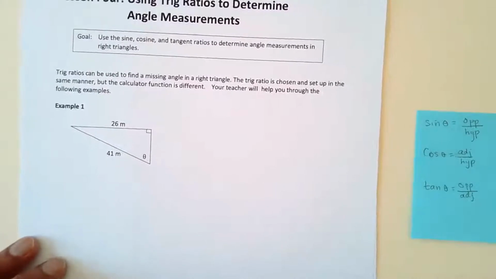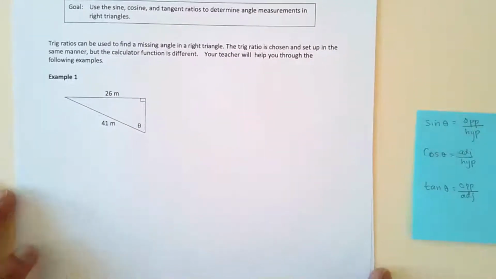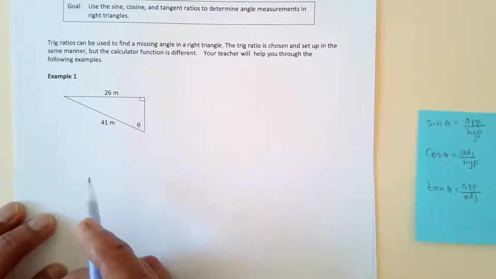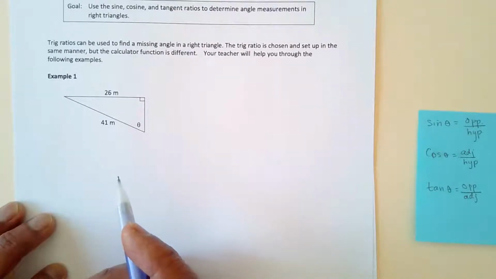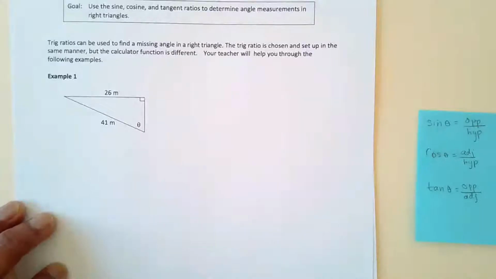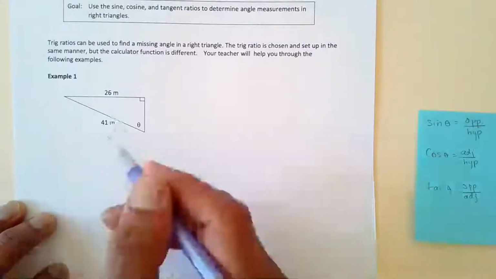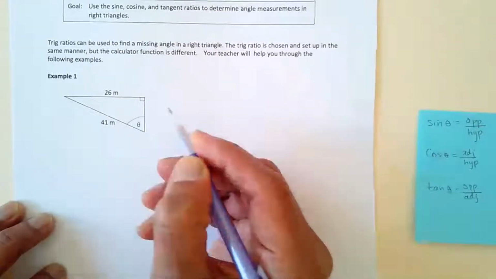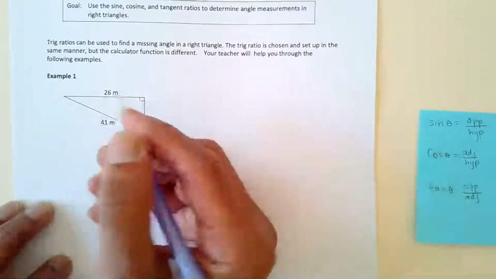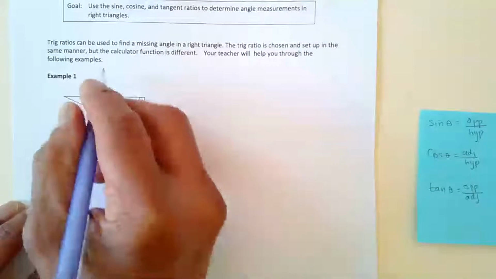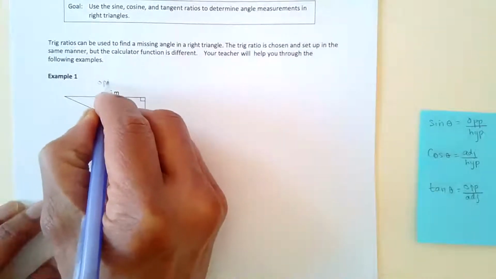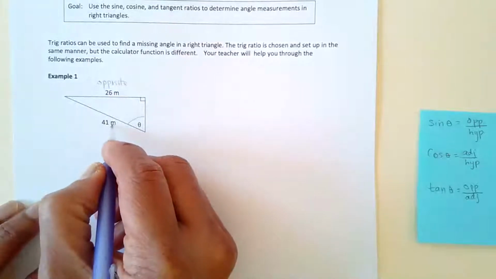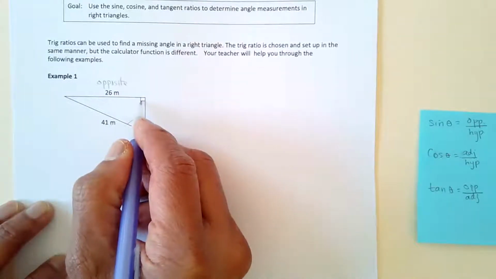So give myself some space here. First step is to look at what's given and label the sides of the triangle. This is my angle here, so I'll label my sides. The side opposite the angle is the opposite. And this is the hypotenuse because it's opposite to 90 degrees.